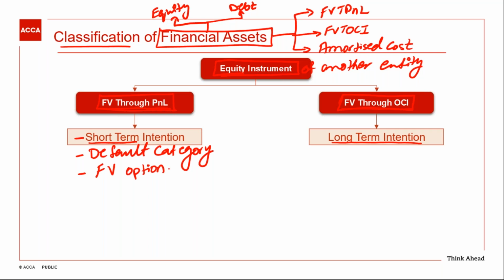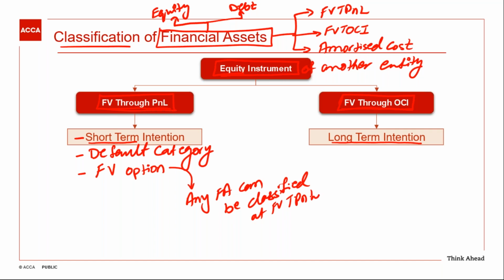This fair value option rule says that any financial asset can be classified at fair value through P&L category.